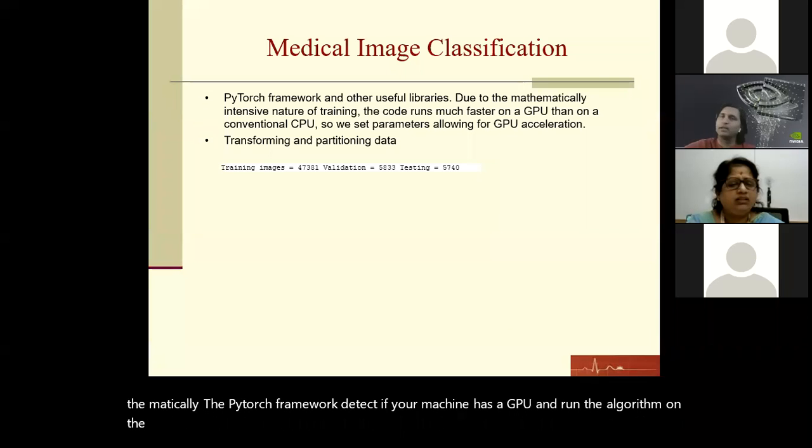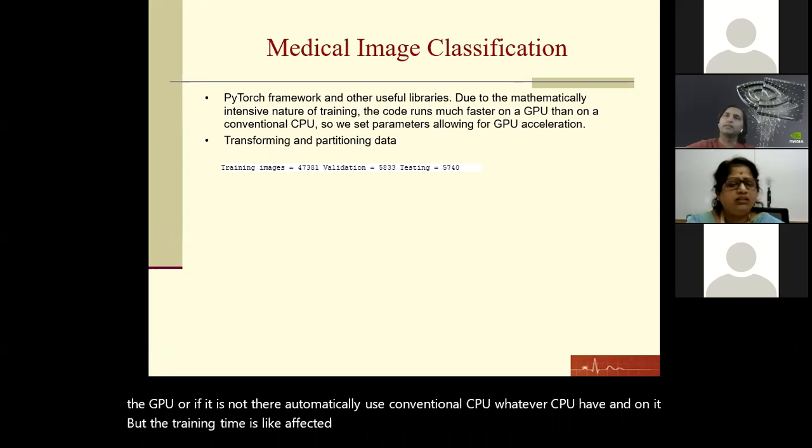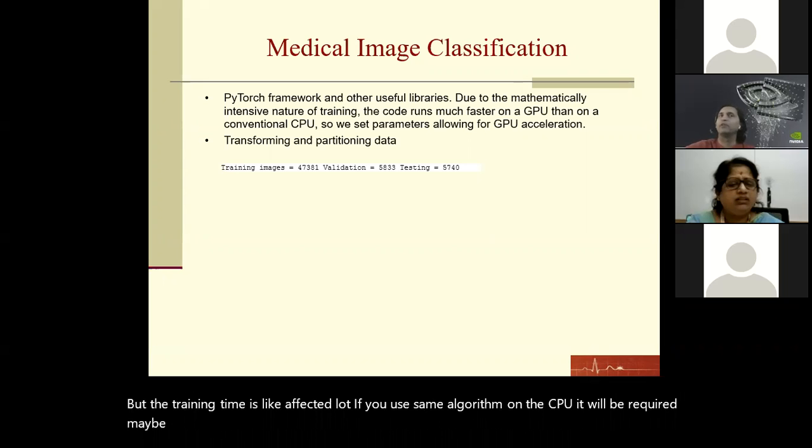If it is not there, it automatically uses the conventional CPU. But the training time is affected a lot. If you use the same algorithm on the CPU, it may require 1 hour, 2 hours, or sometimes one day of training time. But with the GPU, we can train it effectively.